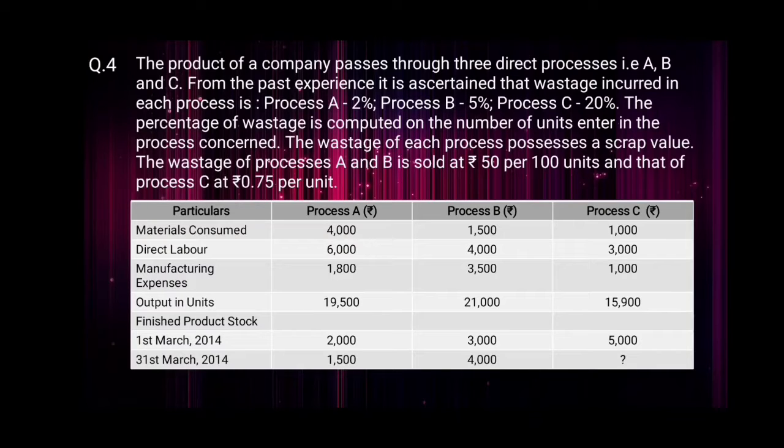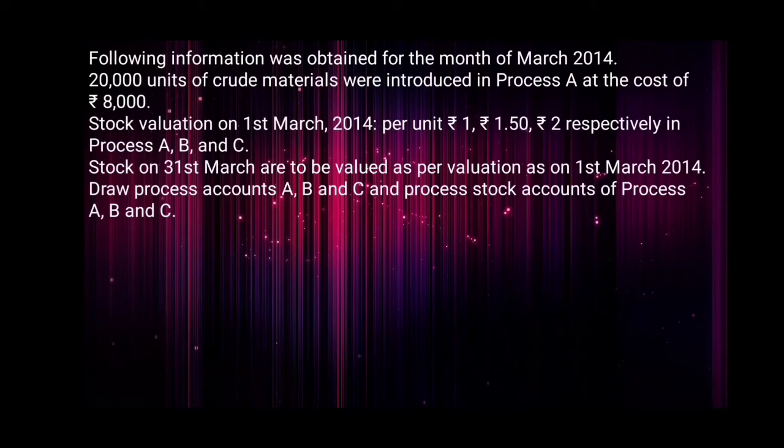So the expenses are given, that is material, direct labor, manufacturing expenses, output, finished product stock for process A, B and C. Following information was obtained for the month of March 2014. 20,000 units of crude material were introduced in process A at the cost of rupees 8,000.